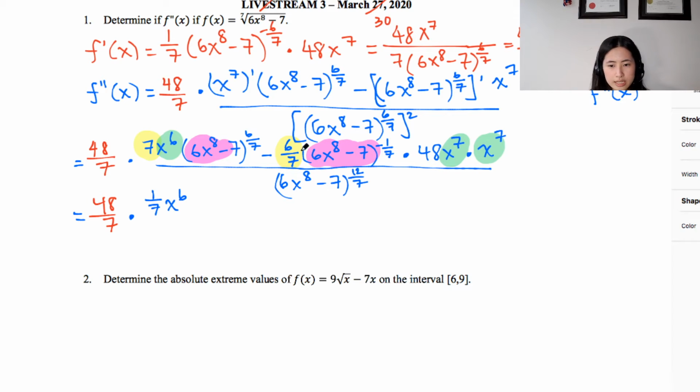Yes, so this and this, the greatest common factor is the one that's... Okay, great. Here and here. Okay, this is raised to the power of 6, then you have 6x^8 minus 7 raised to the power of negative 1 over 7. Okay, so we've pretty much ruled out all of our greatest common factors.